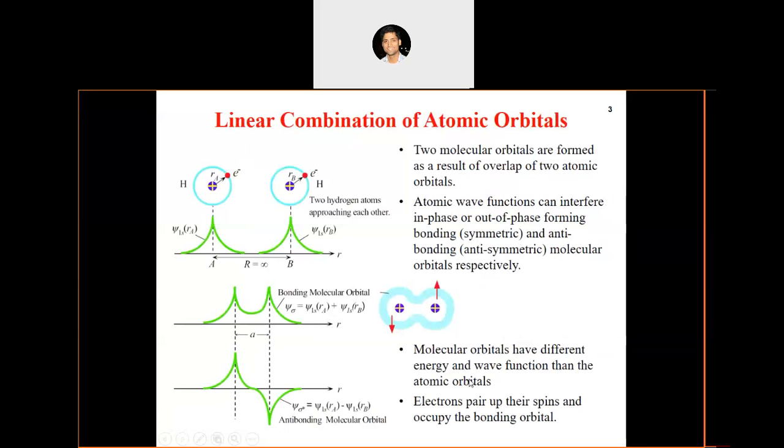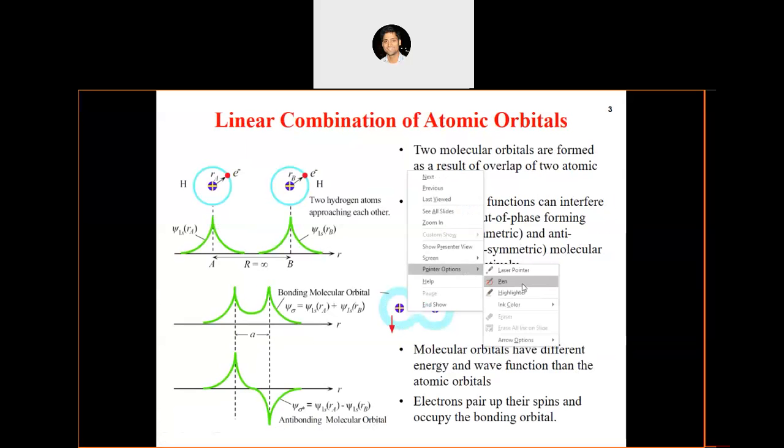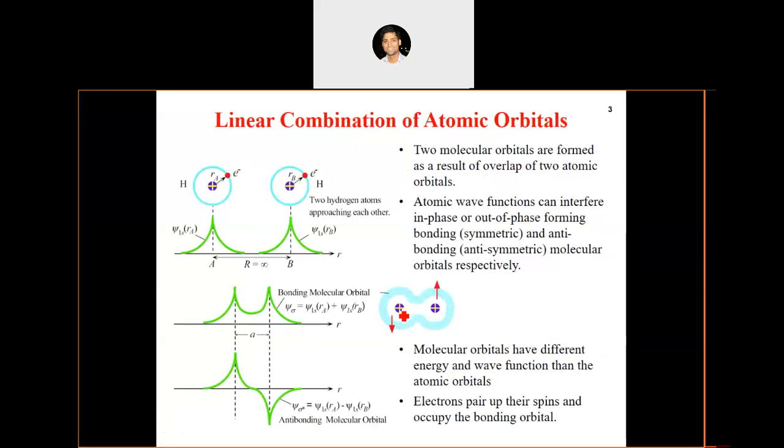Yes. So now if we look at this, in phase means basically the electrons are moving somewhat like this. Both electrons reach the center of the bonding at the same time, right?